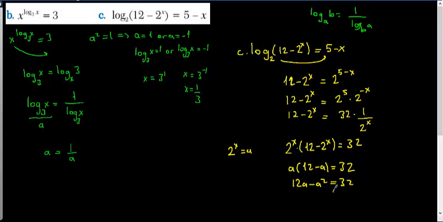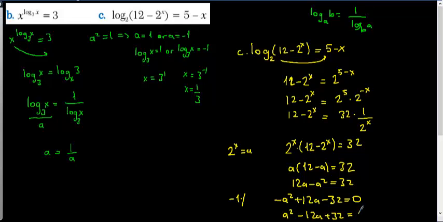If we collect the terms to one side, it's minus a squared plus 12a minus 32 is equal to 0. To avoid working with the minus sign, I'm going to multiply by minus 1, and it's going to be a squared minus 12a plus 32 is equal to 0.